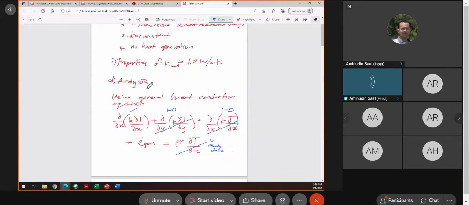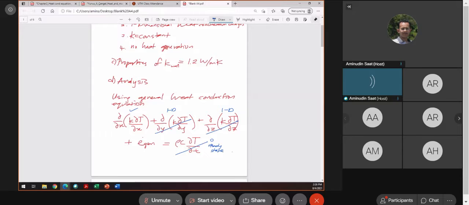The third one, k constant. The k constant is basically just to show that isotropic value. Because you only consider one dimension, the effect of k constant is not really significant. You can throw the k to the right side, the right term, and remove the k term.